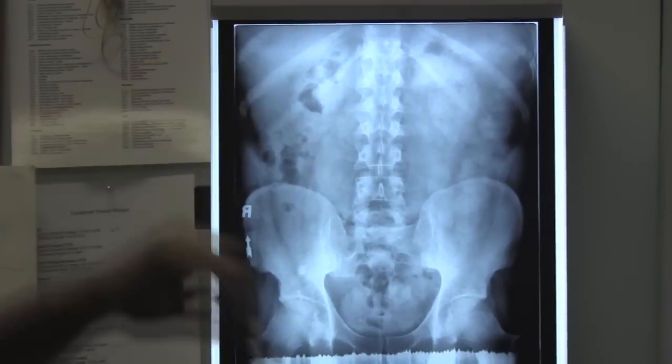The ileocecal valve is made up of the last part of the small intestine, which is called the ileum, and the first part of the large intestine, which is called the cecum. Now this ileocecal valve is made to be a one-way valve.